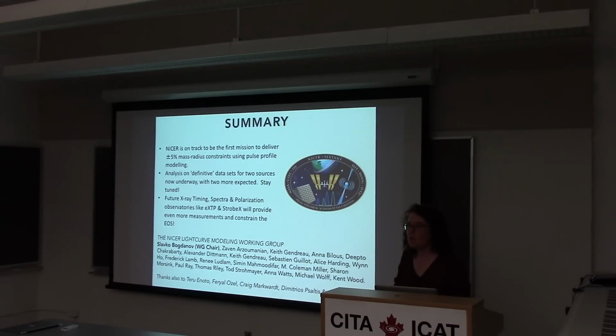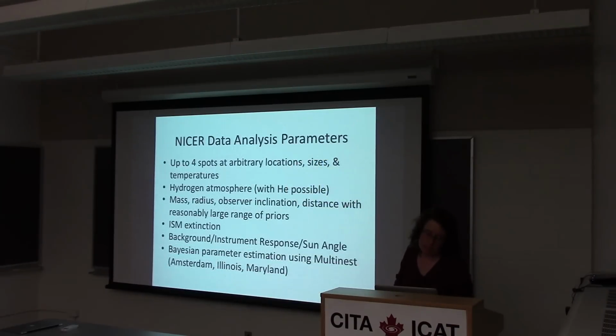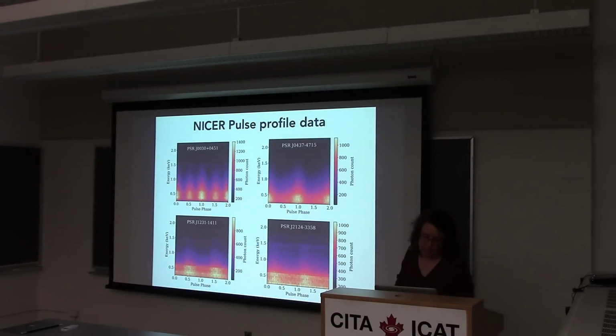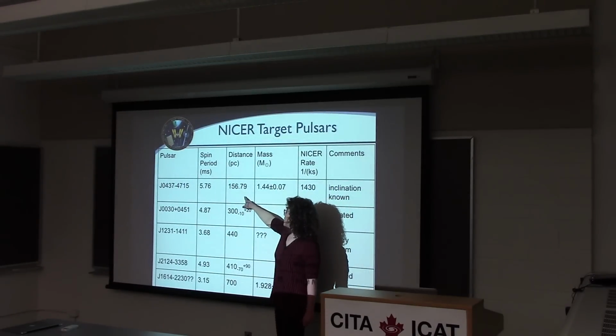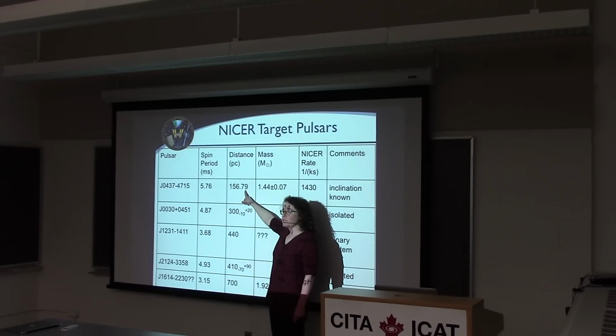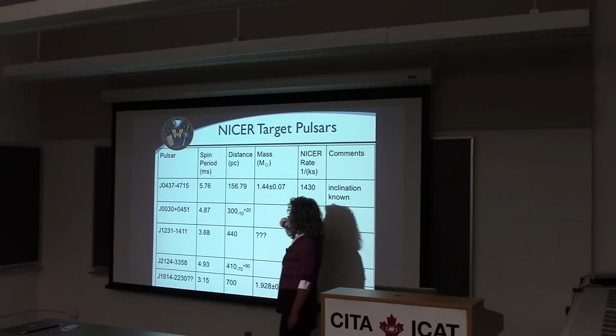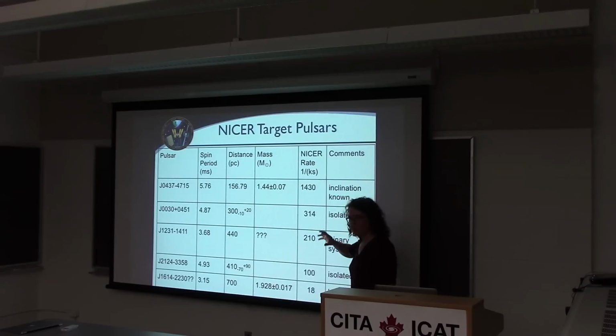No, this is okay. We're expecting better results for, let me just show you the numbers that we have here. This one, J0437, the closest to us, is known to exquisite precision, and that one's a parallax measurement.